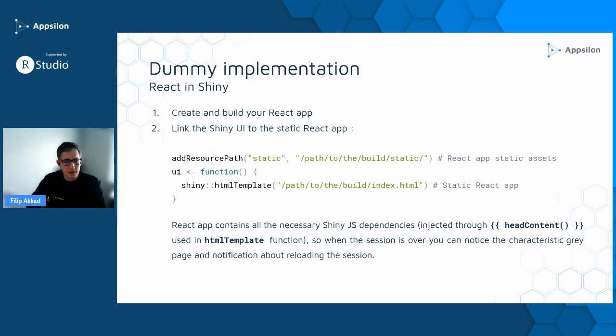As you can see, the UI function is pretty small, and it just points to the React app. And the React app contains all the necessary dependencies through the head content function used in htmlTemplate. So when the session is over, you can notice this characteristic gray page and a notification about reloading the session.